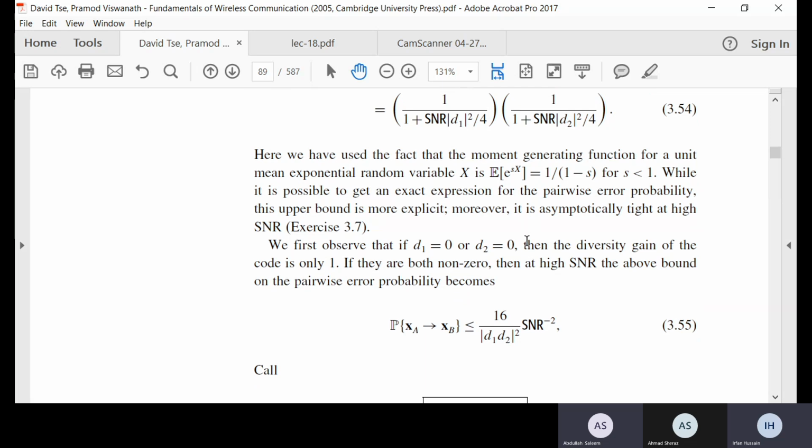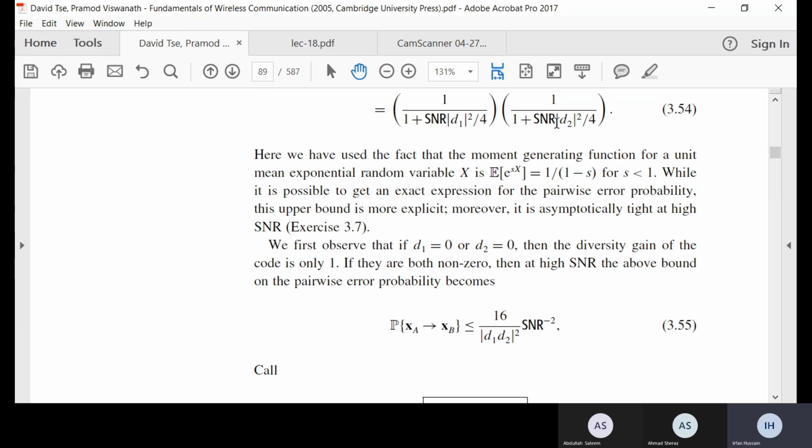Here you could see that if let us say d1 is 0, then your error will be just 1 over SNR.